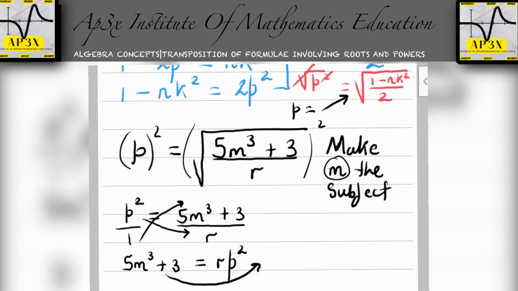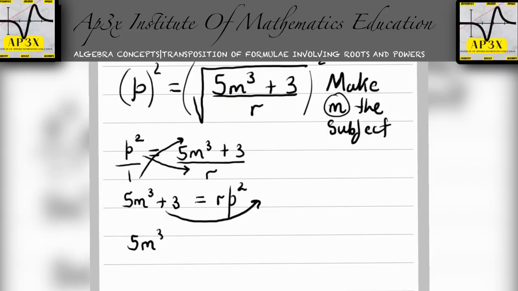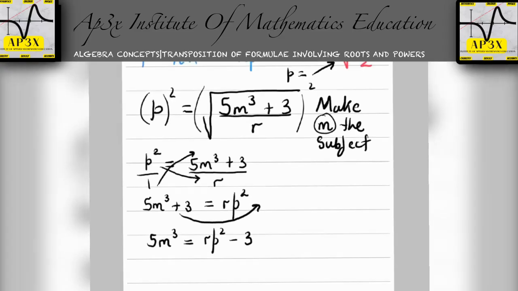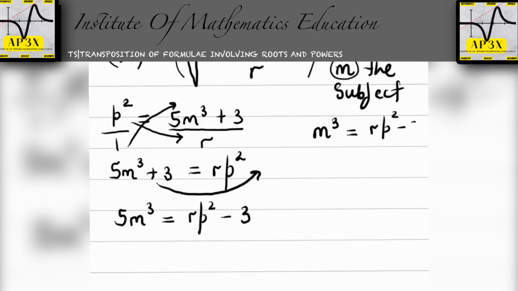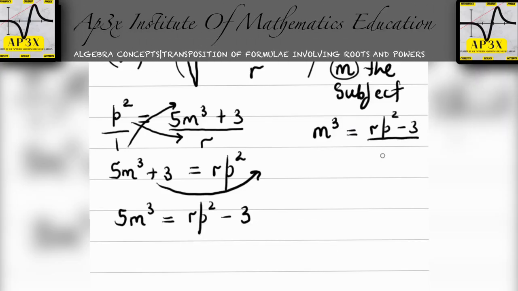So that's going to be 5m cubed, and that's going to be equal to rp squared take away 3. And so therefore we're going to divide both sides by 5. If we divide the left side by 5, the 5 is going to cancel, so we're going to be left with m cubed, and when we divide over here by 5, we end up with rp squared minus 3 divided by 5.